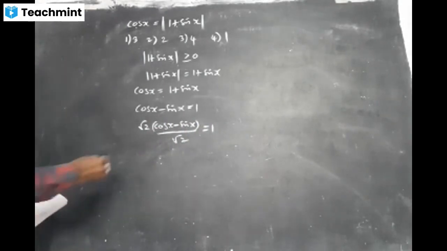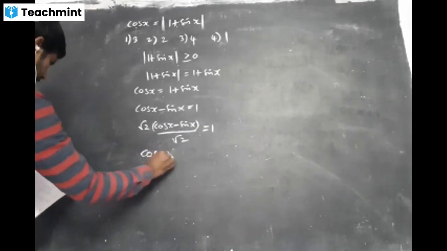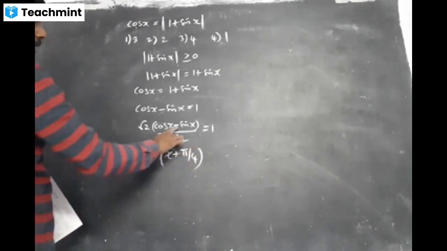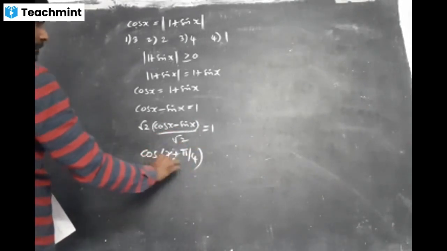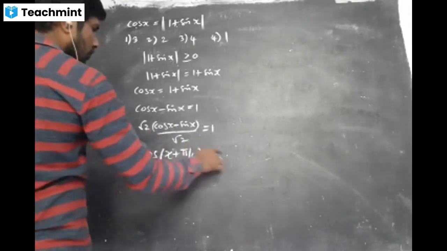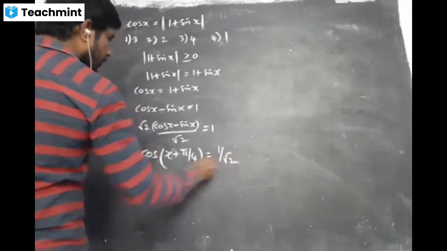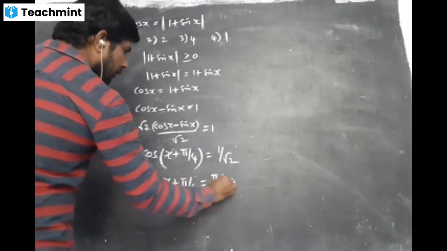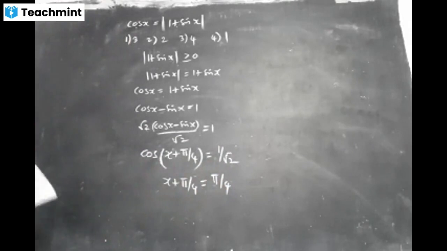You have to take cos. Cos of x plus pi by 4, because here our question is minus, so cos of plus. That is equal to 1 by root 2. Here x plus pi by 4 is equal to pi by 4. Cos of 1 by root 2 is 45 degrees.